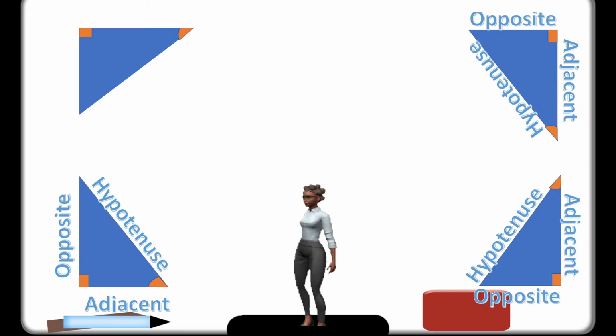Once again, let's take a look at our theta. Find our hypotenuse across from the right angle, and then using that theta, we can locate the opposite across from the theta and the adjacent, which is next to our theta. Excellent.